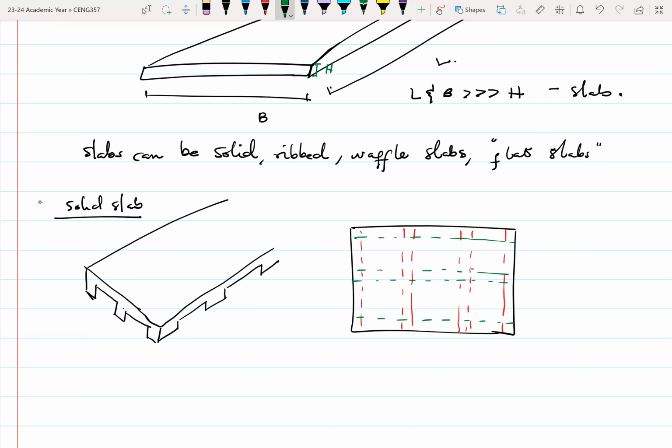Beyond the solid slabs, we also have the waffle slab, for example.